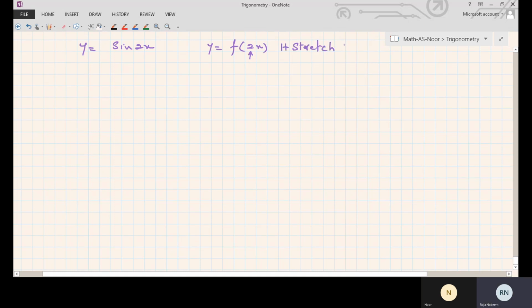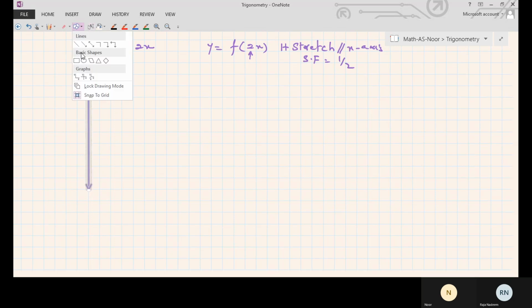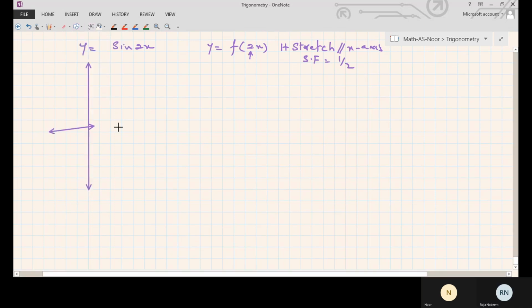Horizontal stretch, parallel to the x-axis, and the stretch factor becomes 1 over 2. So the basic angles remain the same. Now we'll see what kind of change we'll observe.